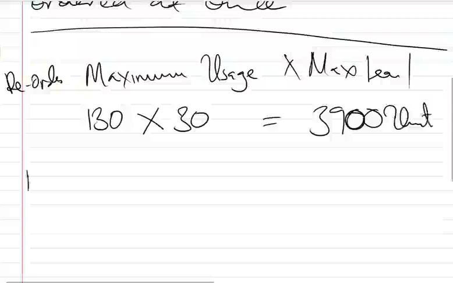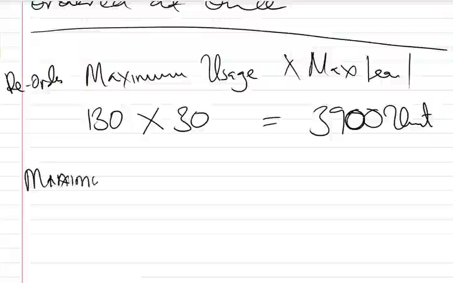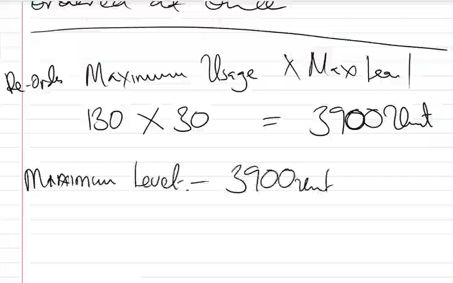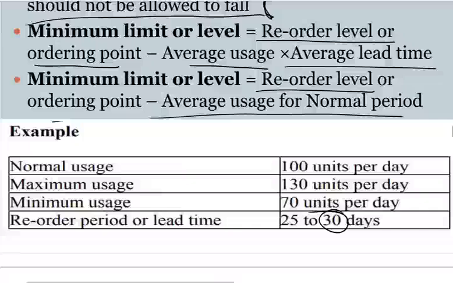So we can say minimum level, right? Let us now find our minimum level. So minimum level is saying our reorder point, which is 3,900 units, multiplied by the average usage. What is the average usage? Average usage is basically the normal usage, or we can say maximum plus minimum divided by 2.